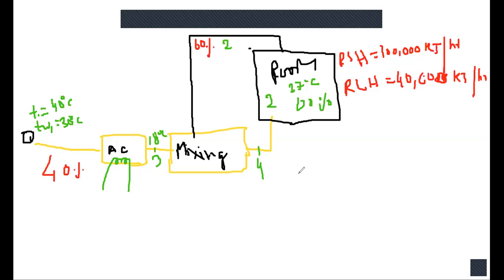First of all, we determine the room sensible heat factor.